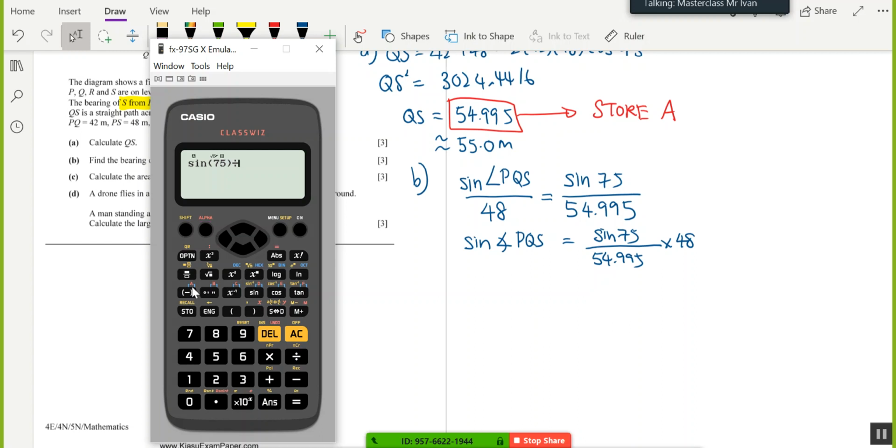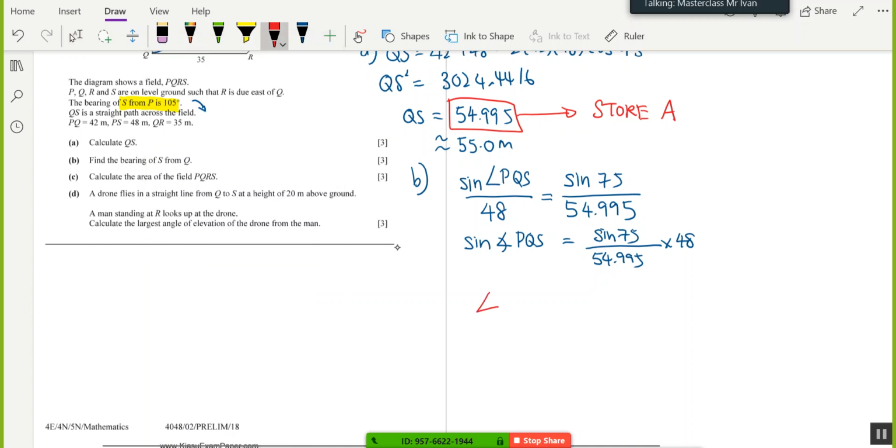Okay, divide by A equal times 48 equal. You get this, but that's not what you want. You actually wanted the angle PQS, right?